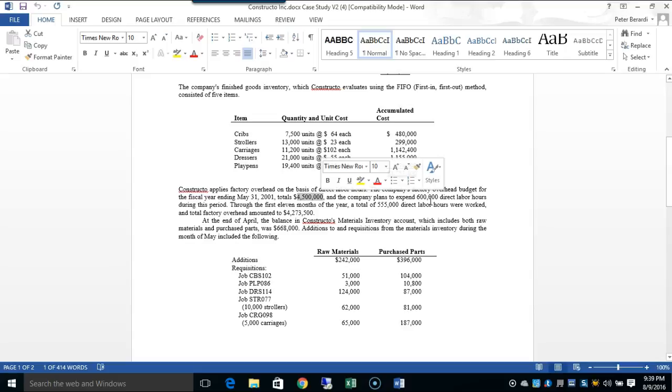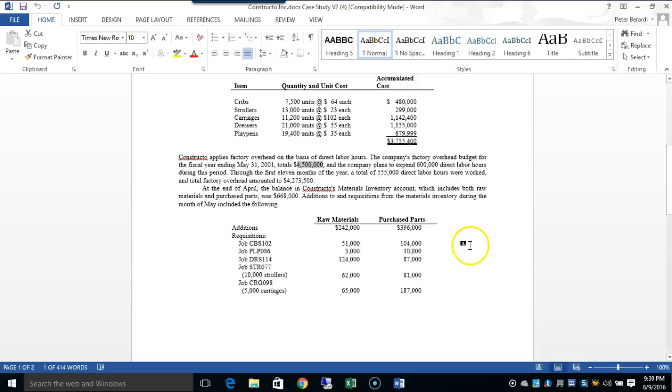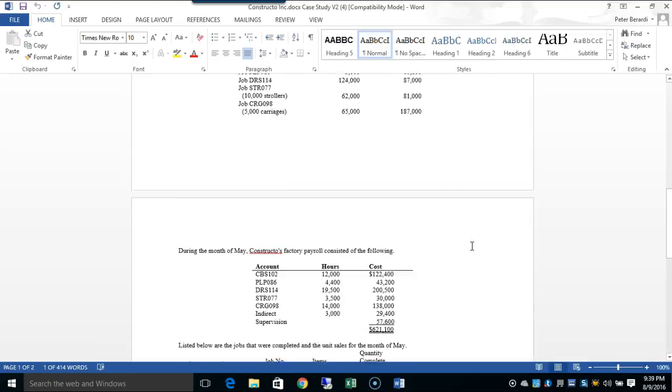Those two numbers basically are going to give you the predetermined rate you need to allocate manufacturing overhead to your WIP account in this problem. So the $4,500,000 and the 600,000 direct labor hours will give you the predetermined rate you need to allocate manufacturing overhead as applied.